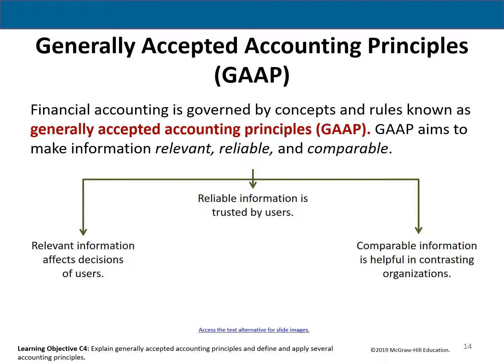And the major objective of GAAP is to make sure information is relevant. Relevant information is stuff that will affect decisions of users. It's reliable, so it can be trusted, and it's comparable, so you can compare yourself to your peers in your industry.